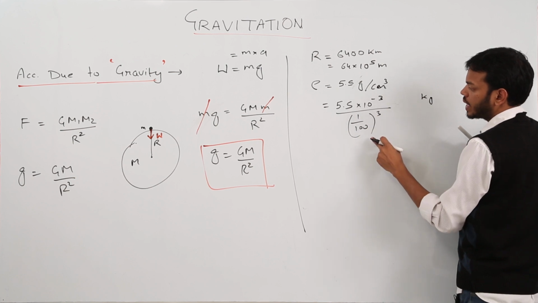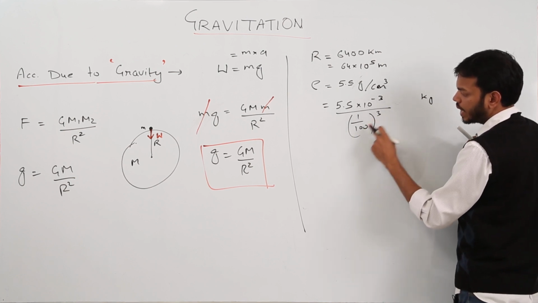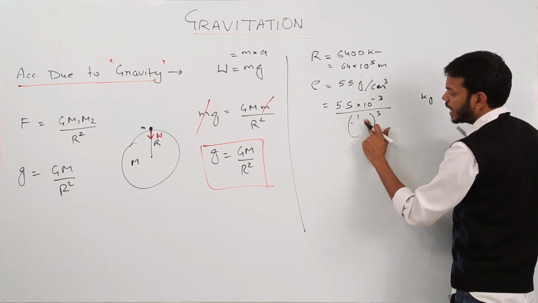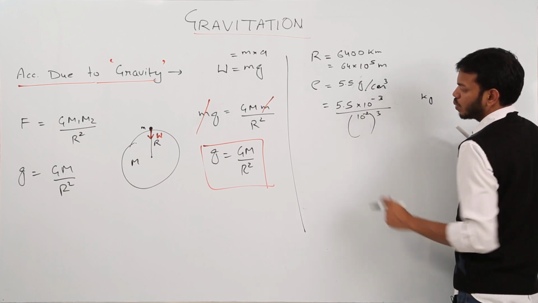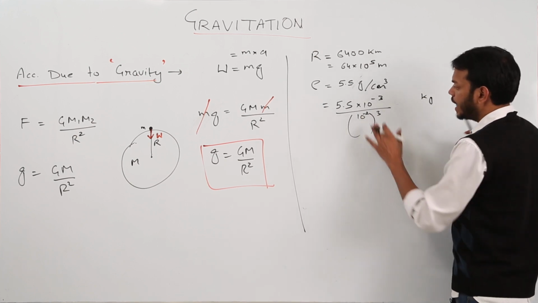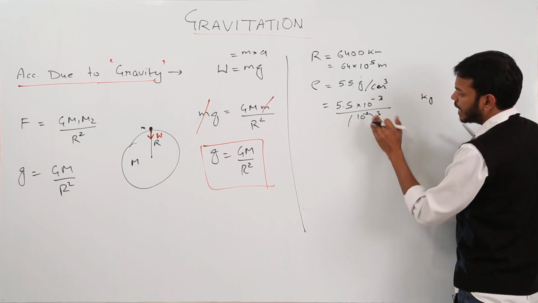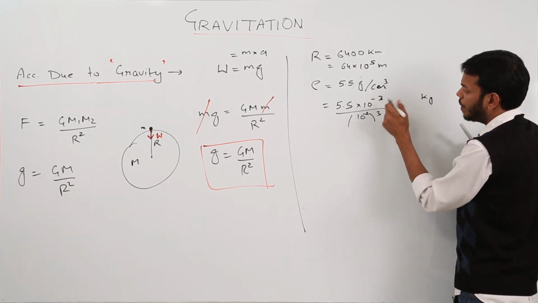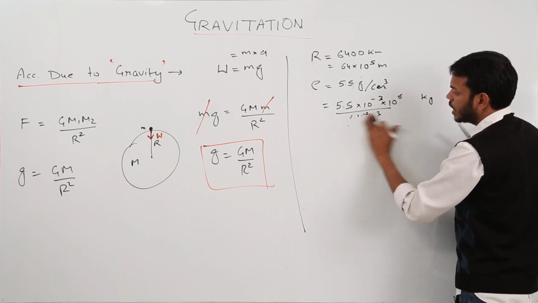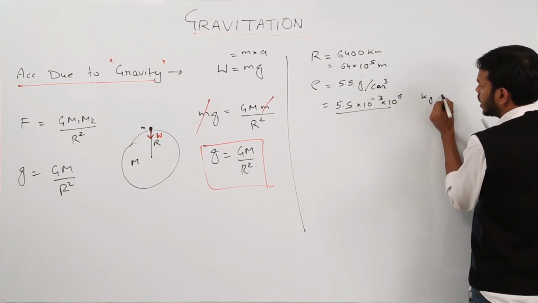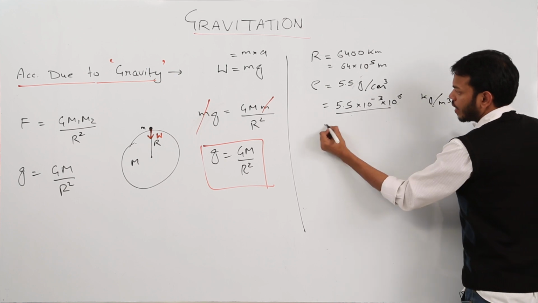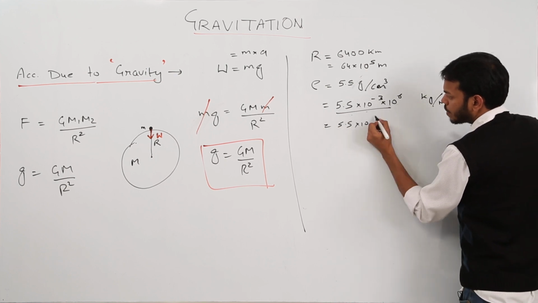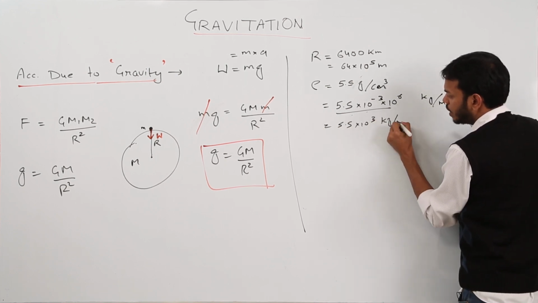I have to convert this thing. Instead of writing 1 over 100, I will write 10 raised to power minus 2. That is what 1 over 100 is written as. And 10 raised to power minus 2 multiplied by 3 becomes 10 raised to power minus 6. Minus 6 will go up and it will become 10 raised to power 6. So overall value becomes 5.5 into 10 raised to power 3 kg per meter cube.